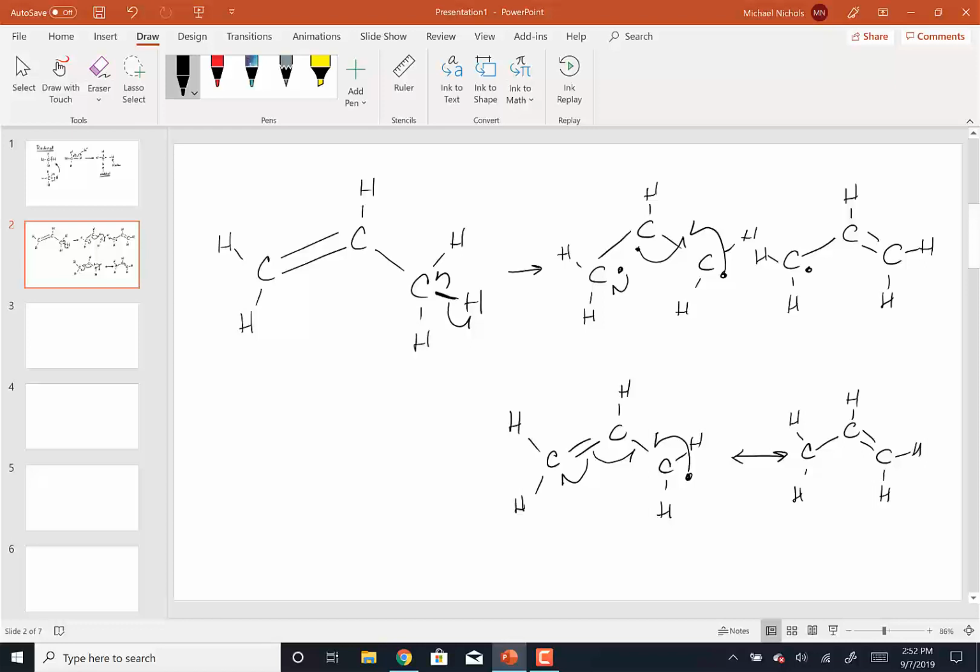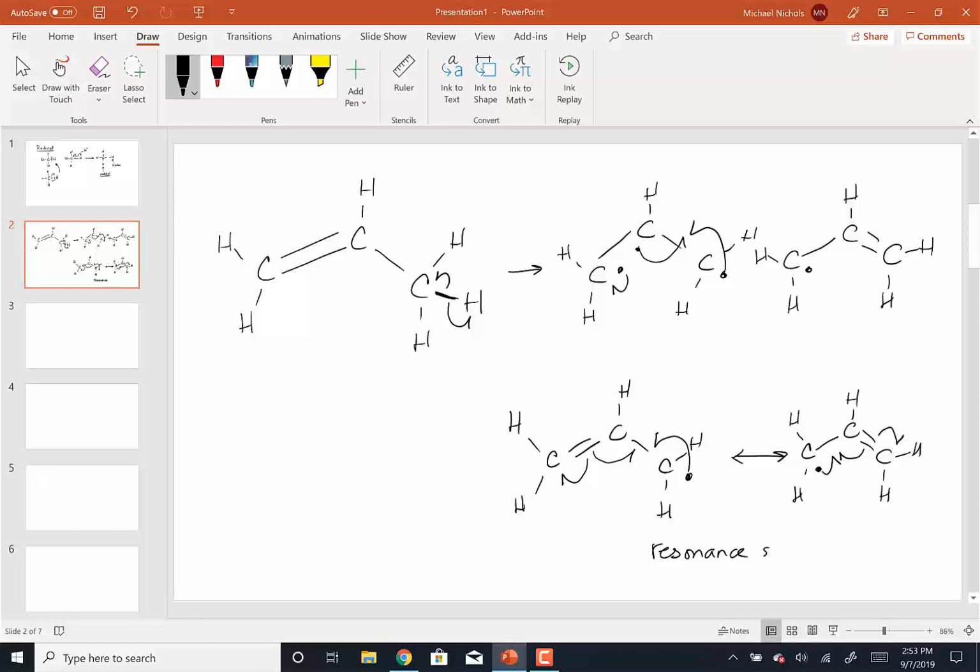If I wanted to go from right to left, I would simply say, let's break this bond. Let's pair up that unpaired electron with the unpaired electron on the left-hand side, and now move the unpaired electron that's remaining in the double bond to the carbon. So these two structures would be resonance structures.